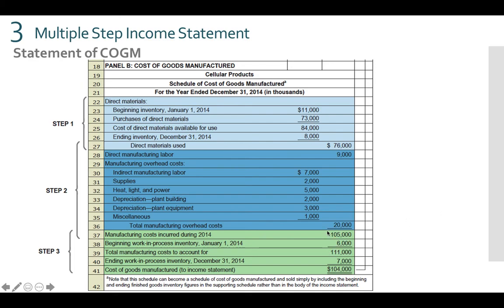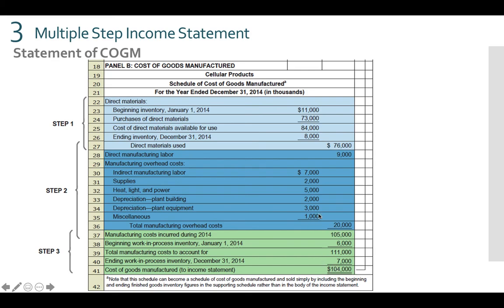So 105 plus 6,000, we will get total manufacturing cost to account for $111,000. And then we have to subtract the ending work in process inventory of $7,000. So we get the cost of goods manufactured in 2014, $104,000.